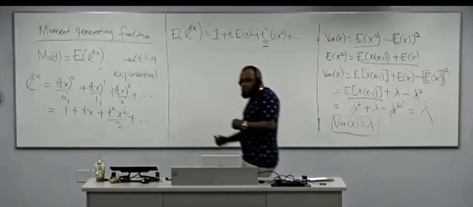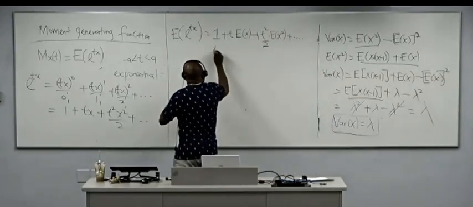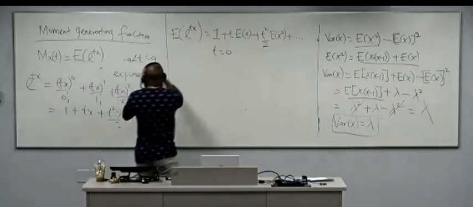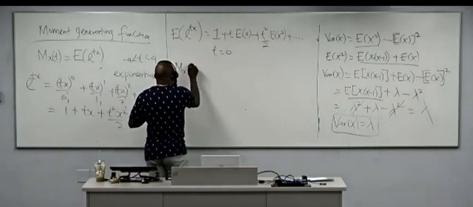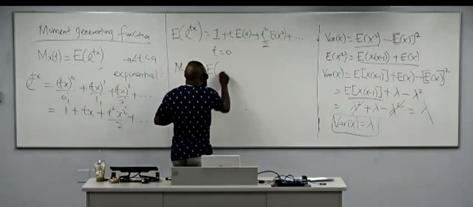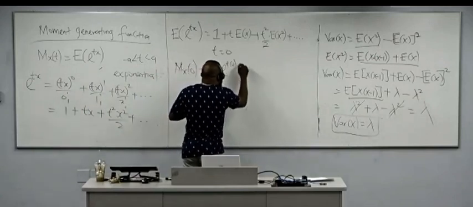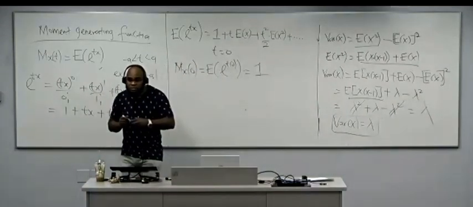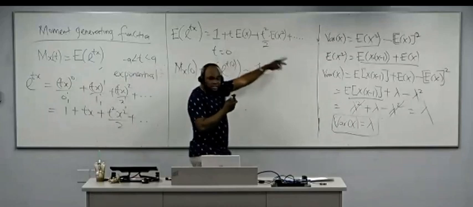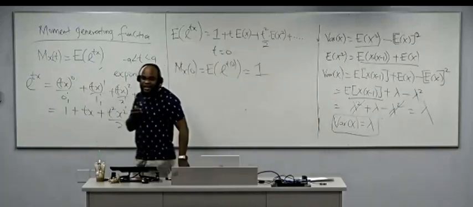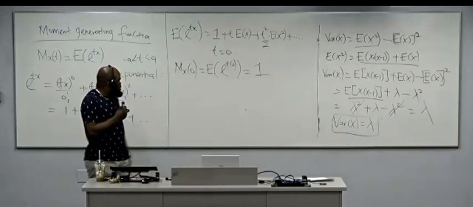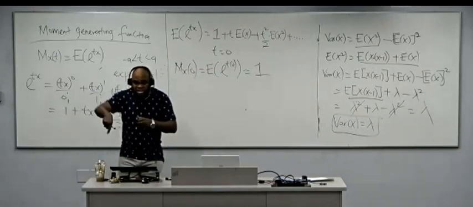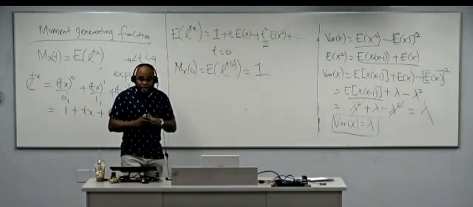Now when we set t to 0, what does it give? If t equals 0, M_X(0) is the expectation of this at 0. Plug in t equal to 0, that is going to give you 1, because there's a t in every term of the expression. When you set t to 0, that's basically going to be 1.